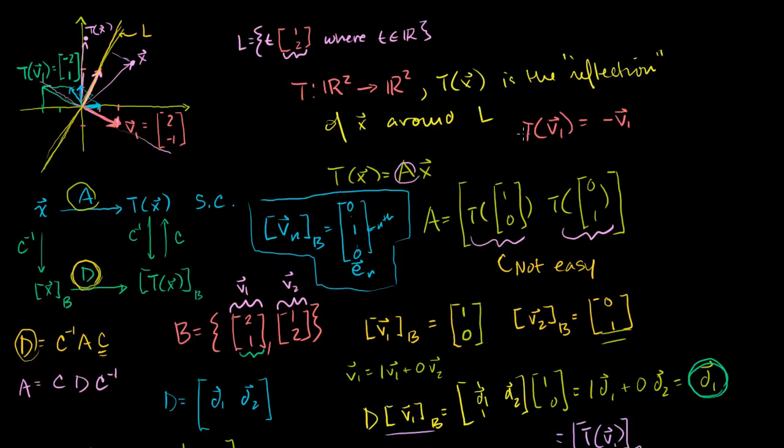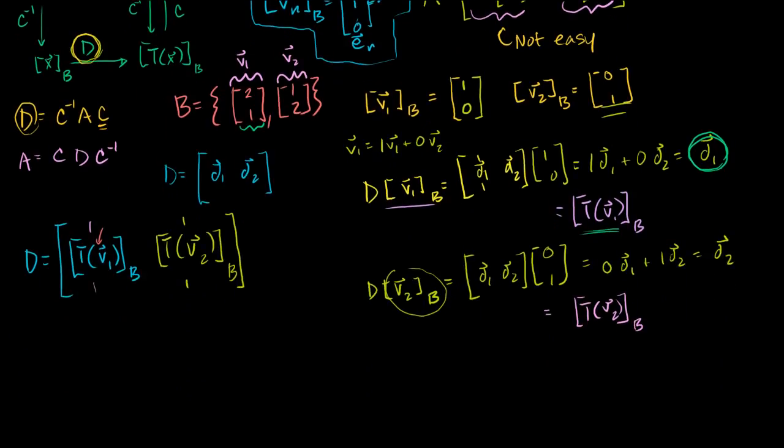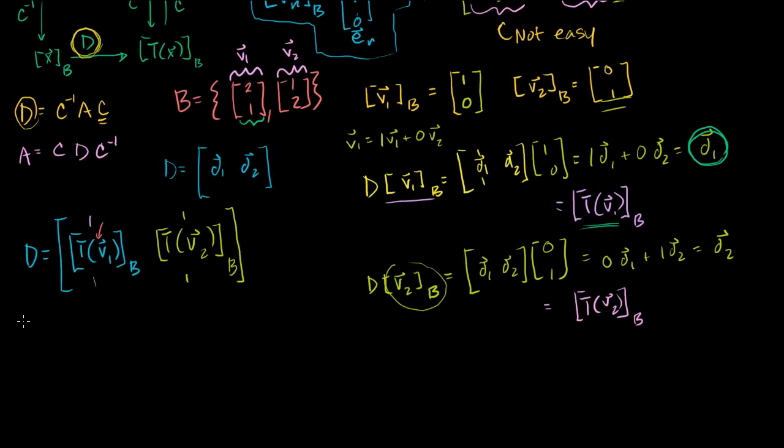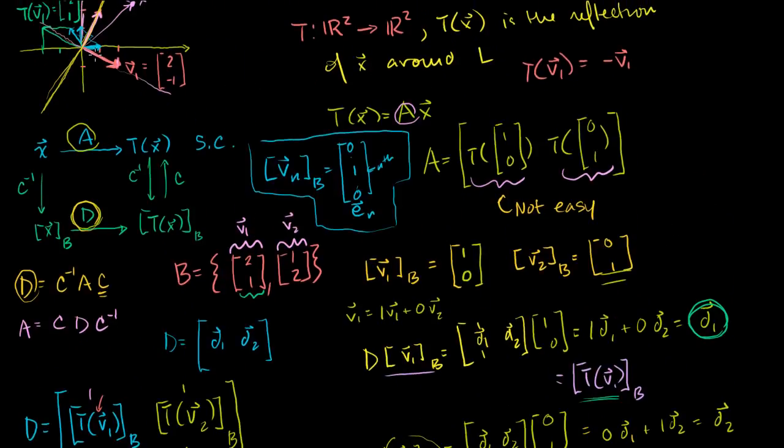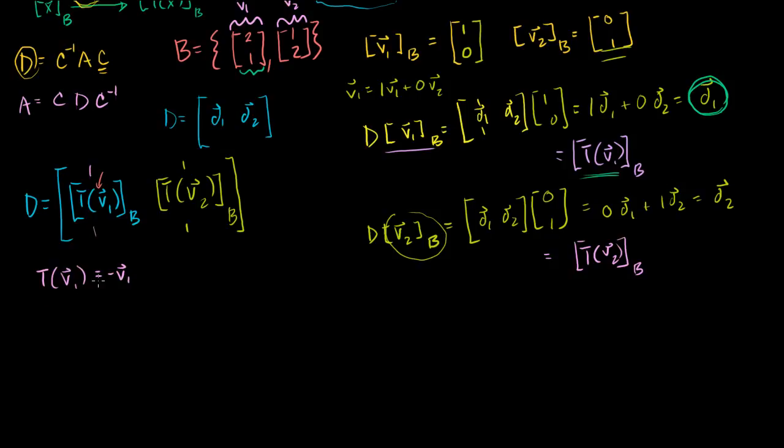So if we wanted to write the transformation of v1 in B coordinates, let me write this right here. The transformation of v1, if I wanted to reflect it around the line L, was just equal to minus v1. That's because v1 was orthogonal to the line, right? That's why we picked it. If you just take the transformation of this guy, it just flips over and you get the minus of the vector. So what is this guy if we wanted to write this in B coordinates?